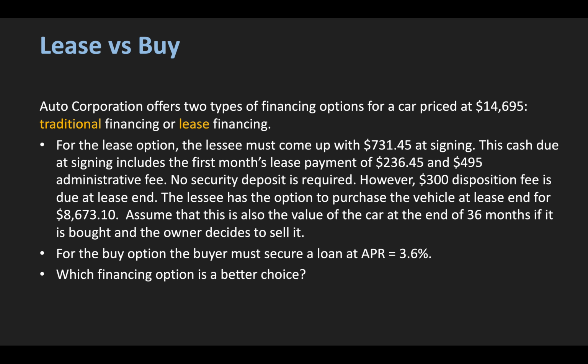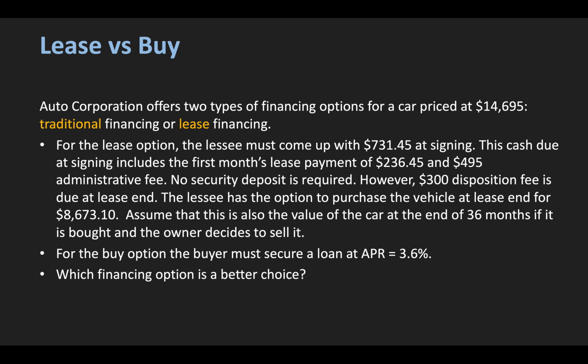So at the end, you also need to pay another fee, which is $300. The lessee has the option to purchase the vehicle at lease end for $8,673.10. Assume that this is also the value of the car at the end of 36 months if it is bought and the owner decides to sell it.